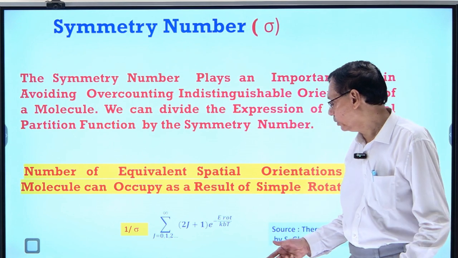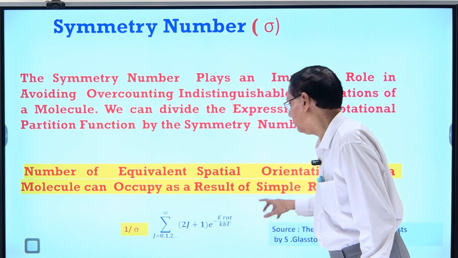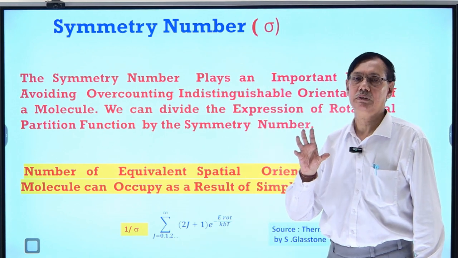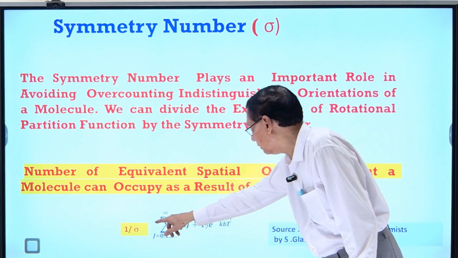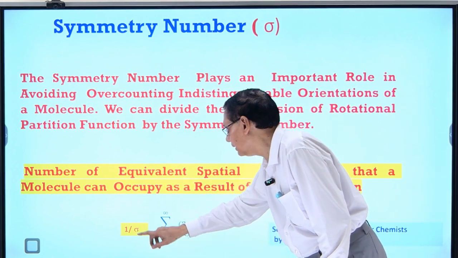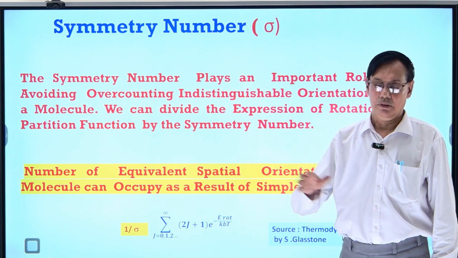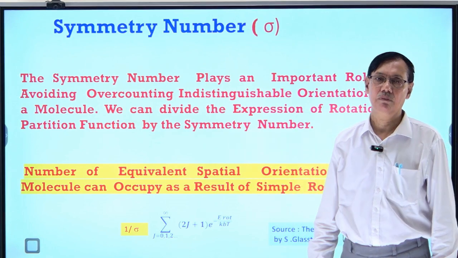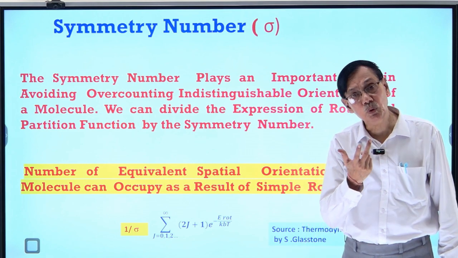When we write the final equation, in the denominator part we will use that symmetry number. For example, if I am talking about nitrogen, suppose it is a linear and homoatomic molecule, the symmetry number is equal to 2.